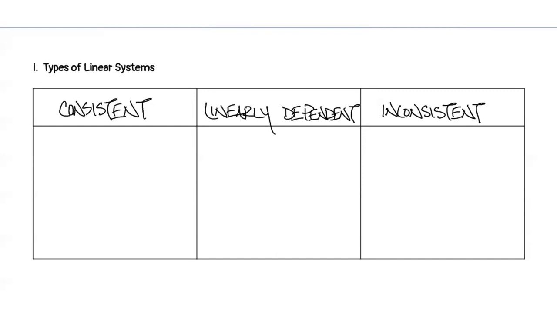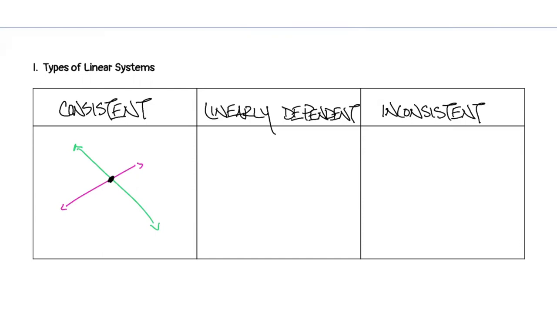So as far as the pictures go, if we're thinking about the first type, the consistent linear system, that is our classic: we've got one line, we've got another line, and they intersect only one time.